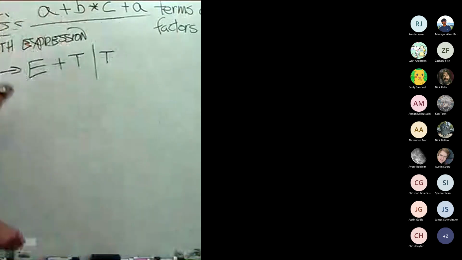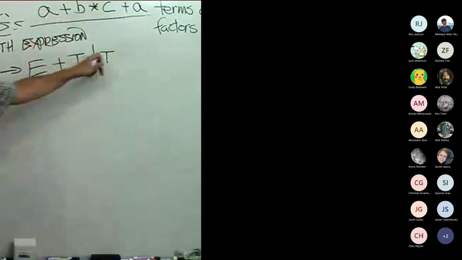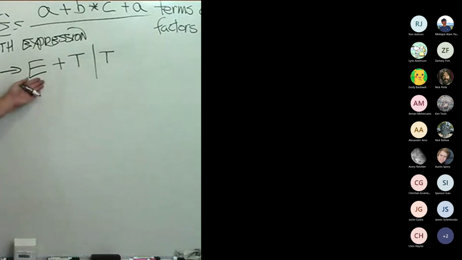Hence the use of the letter E for expression, T for term, and F for factor. Notice the recursion here.